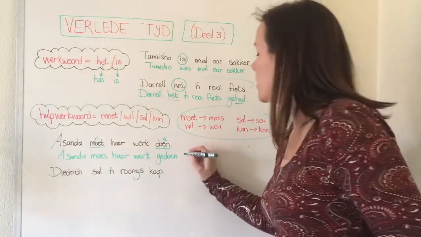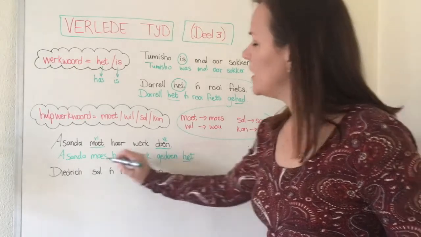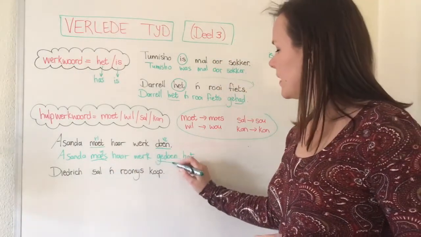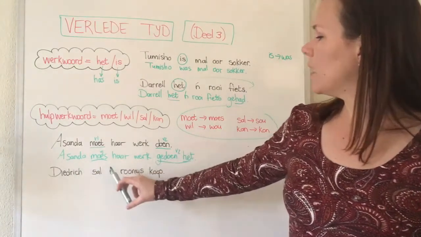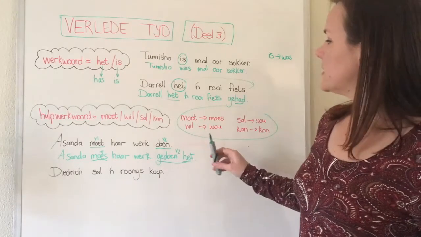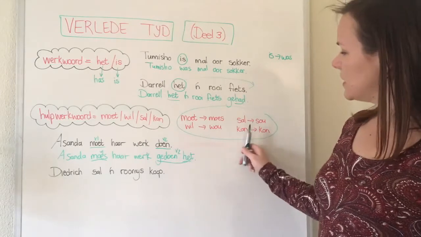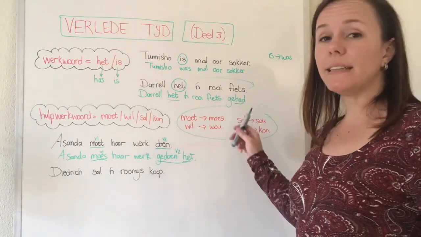Doesn't make sense. So, het will go at the end. So, there we have my first verb, and this together will count as verb 2. Asanda moes haar werk gedoen het. It's the same with all these other auxiliary verbs. They will change in this way. Then I add ge to the main verb and het at the very end.